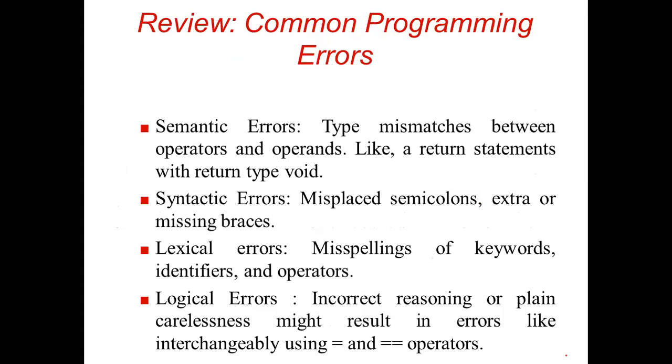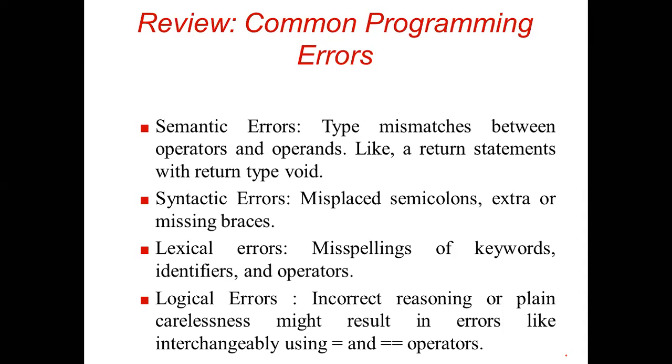Sometimes type mismatch. When we type our program, we mostly type the wrong words. So that is called the type mismatch between the operator and operands. Okay, so sometimes we use the operator symbol somewhere else. We put the operator symbol and we change the shape of our expression, due to the typing mistake.